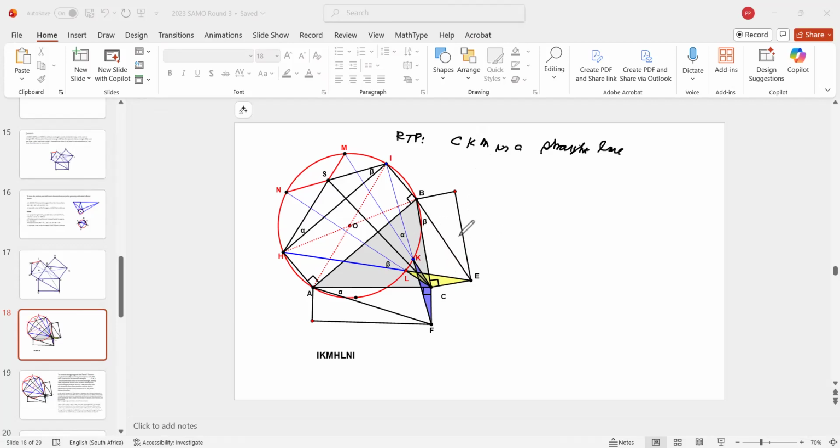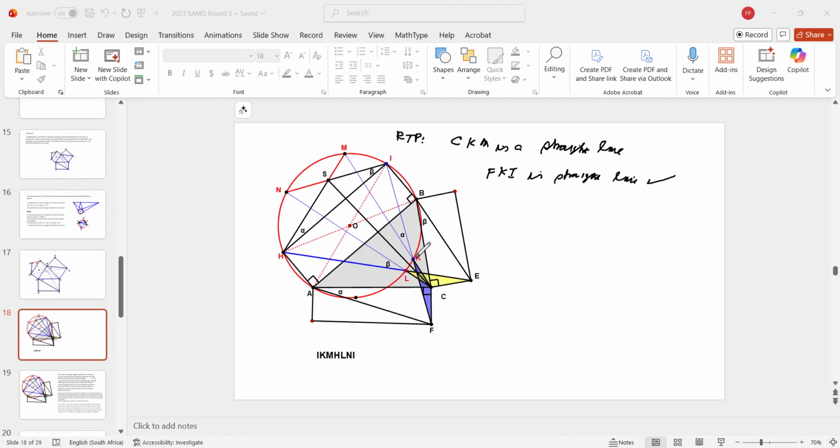Now, how do I show the CKM is a straight line? We already know that FKI is a straight line. That's given because the reason for that is we said that K is the point where FI intersects the circle.